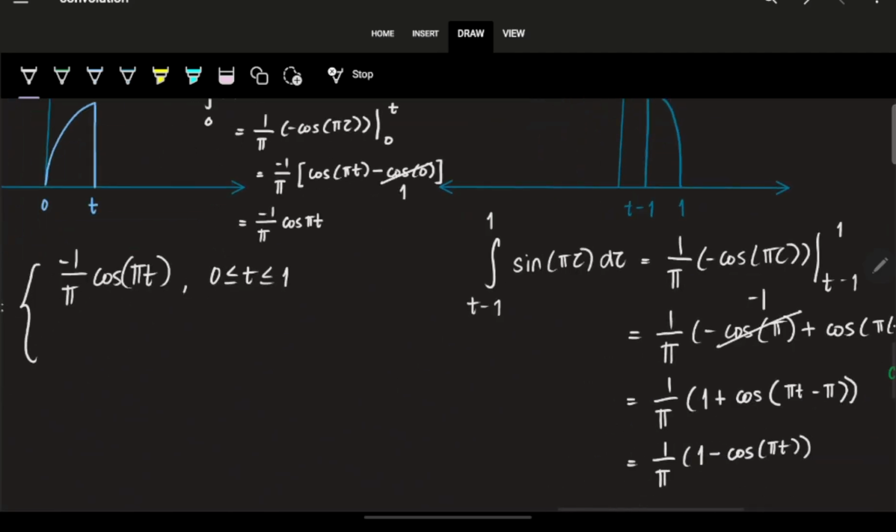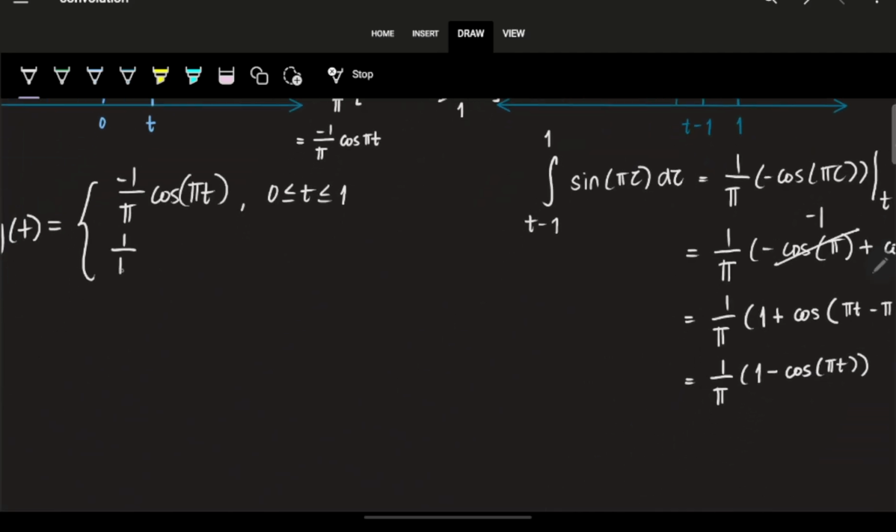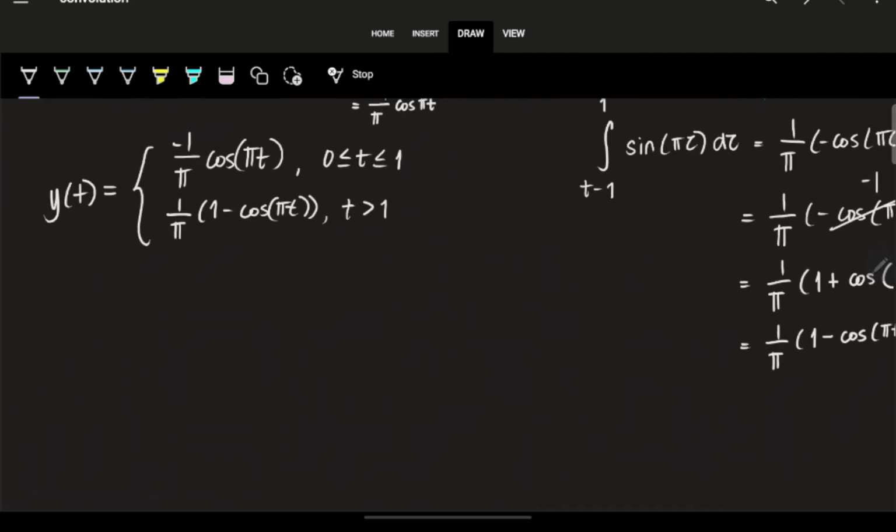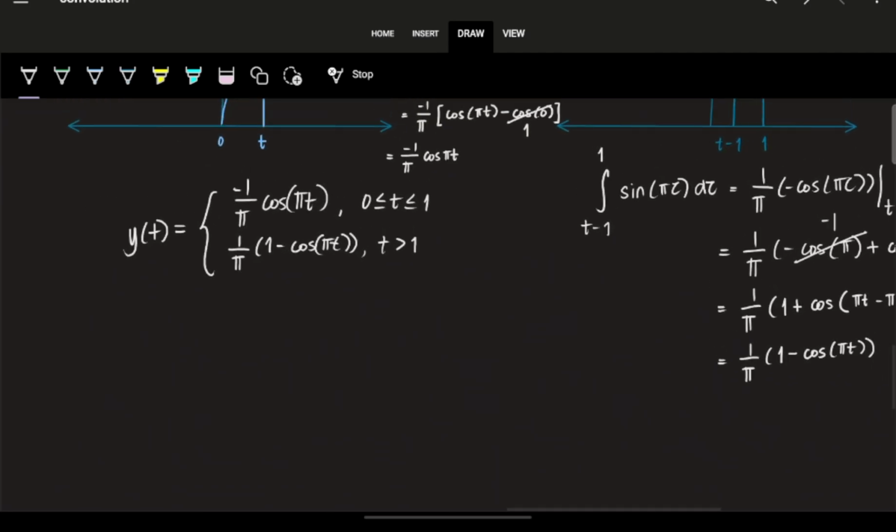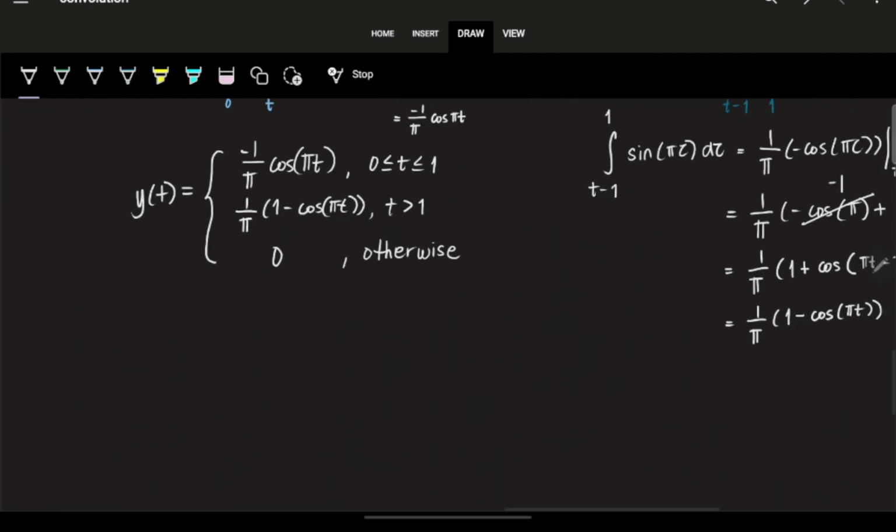Then we have 1 over pi, 1 minus cosine pi t, when t is greater than 1. Then we have 0, of course, yung 0 otherwise natin. Ayan.